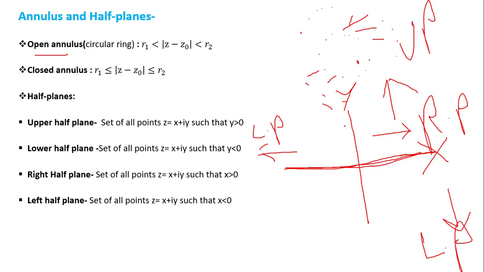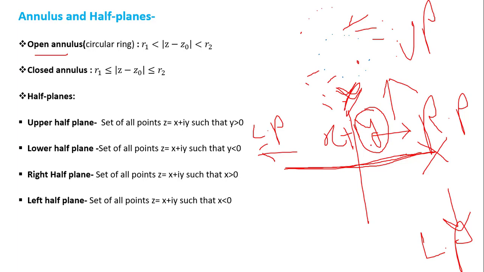We have divided the complex plane into four parts. This is the y-axis. Upper part, lower part, left part, and right part. Now what is the upper part? The upper part is the part above the x-axis. When I am taking any point, any complex number here, what will be the value of y?